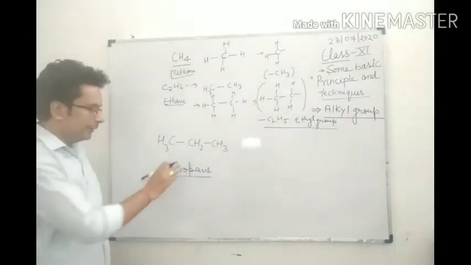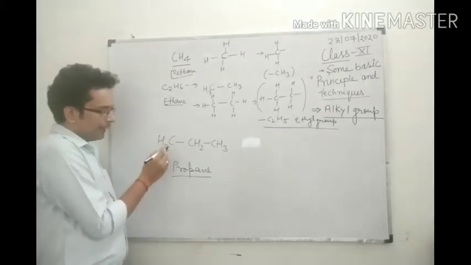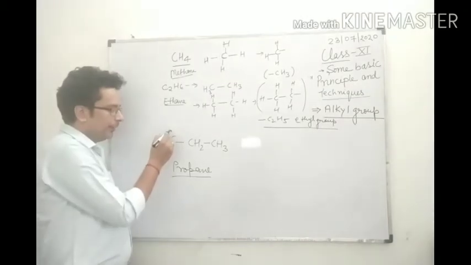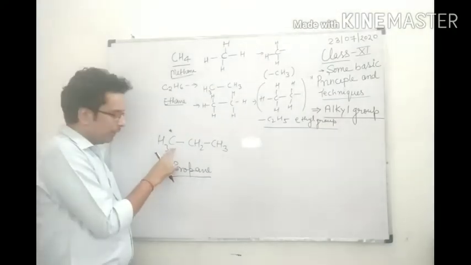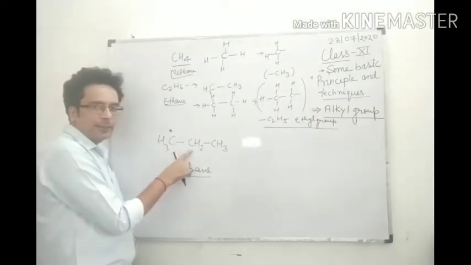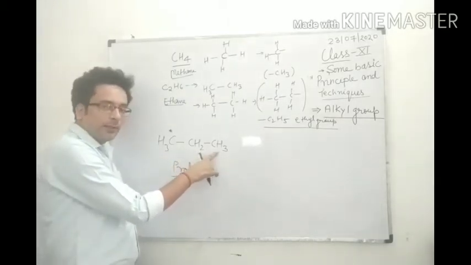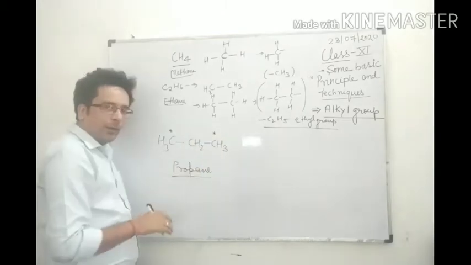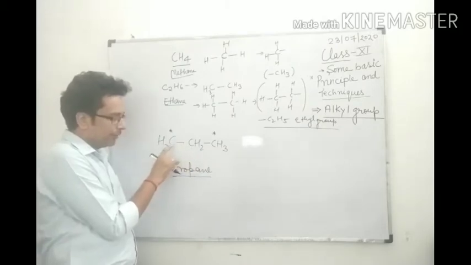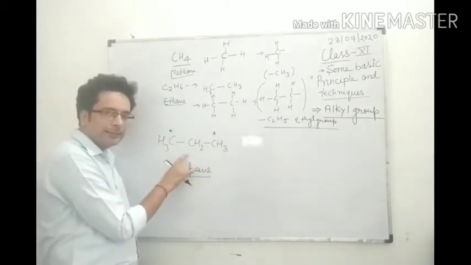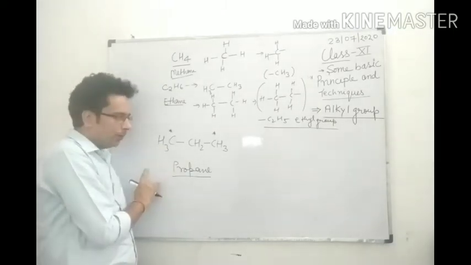Now look here, in this case propane, this carbon is a primary carbon. Why? Because it is combined with a single carbon, this carbon. This is also a primary carbon. But what about this? This carbon is directly attached to two carbons, this and this. That is why it is a secondary carbon.